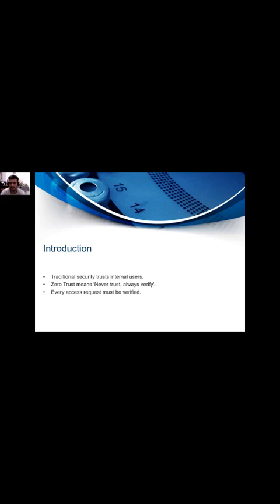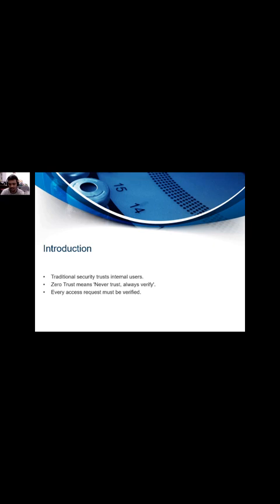The basic idea: traditional network security works on a simple belief: if you are inside the organization's network, you are safe and trustworthy. Everything inside the firewall is considered trusted, and only the outside world is dangerous. But this concept does not hold true anymore. Today, employees log in from homes, airports, and public places.